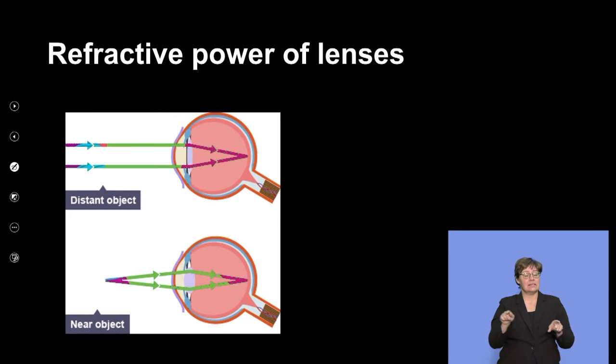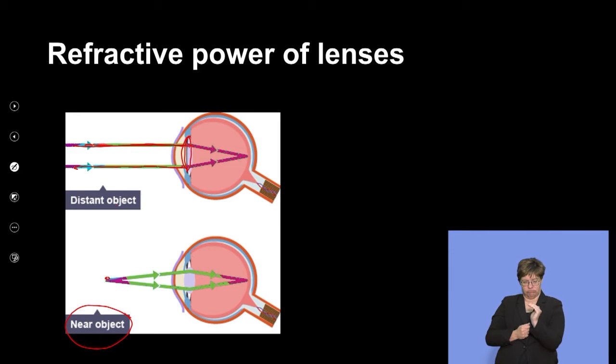Also, when you look at a distant object, you'll see the light rays reaching your eyes don't need a lot of breaking. Right, they don't need a lot of breaking or refraction, so your lens will be flatter. Right, because it's from far and the light's already sort of in the right position. So your lens is not needing to be very round, right? But now look at what happens when you have near objects.